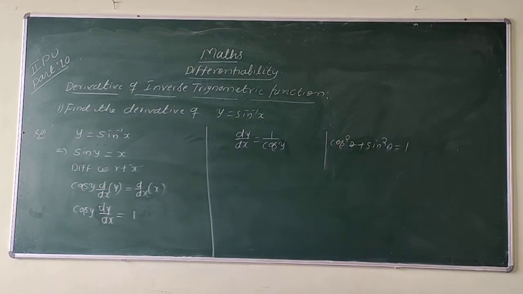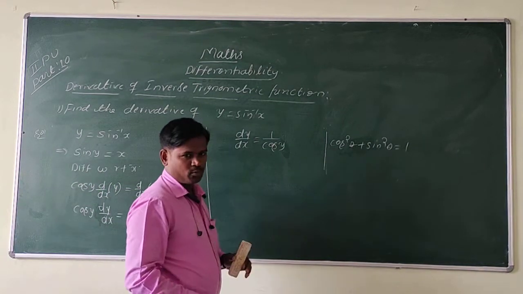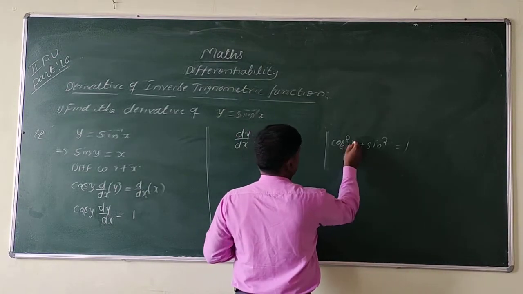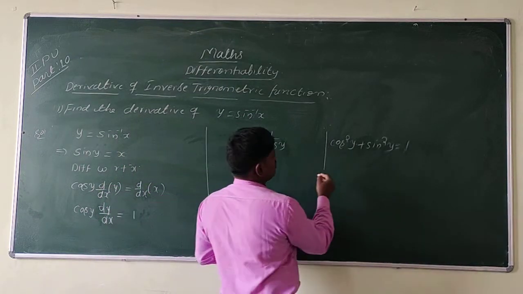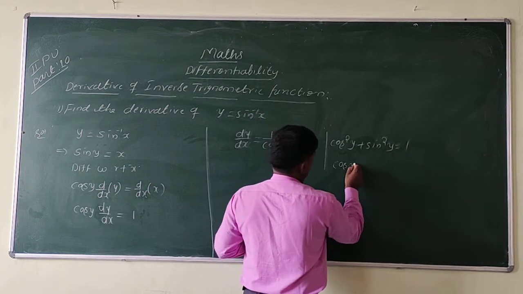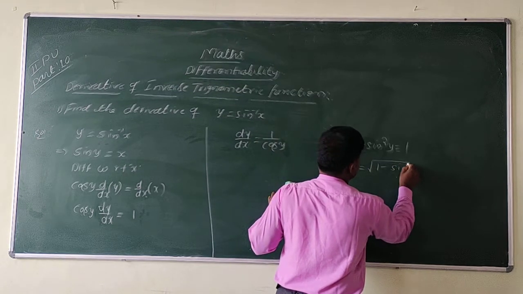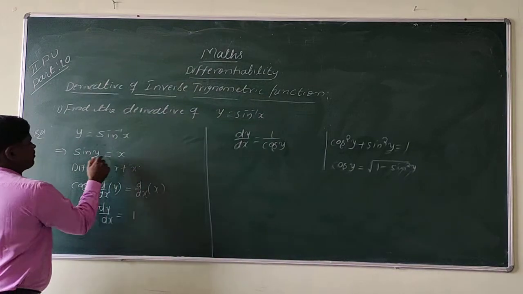We know that cos square theta plus sin square theta is equal to 1. So cos y is equal to root of 1 minus sin square y, in terms of sin, because then we get it in terms of x.